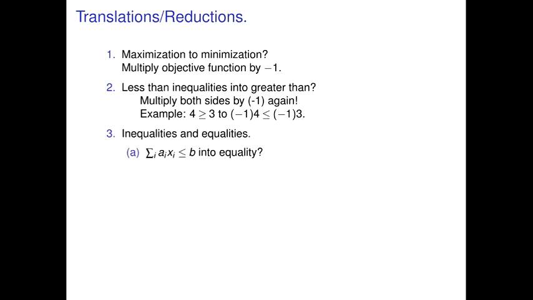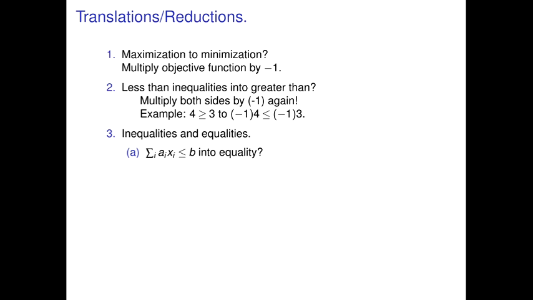Okay, so how do you turn this into an equality? This is a constraint. I'm summing some vector, the sum over all these things times their coefficients. How do I turn that into an equality? Instead of expressing this as a bunch of inequalities, can I express it as equalities?